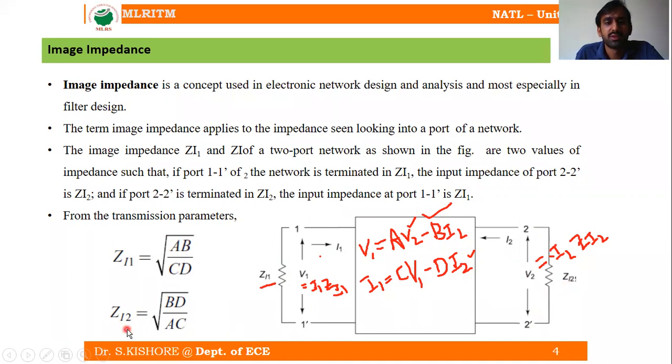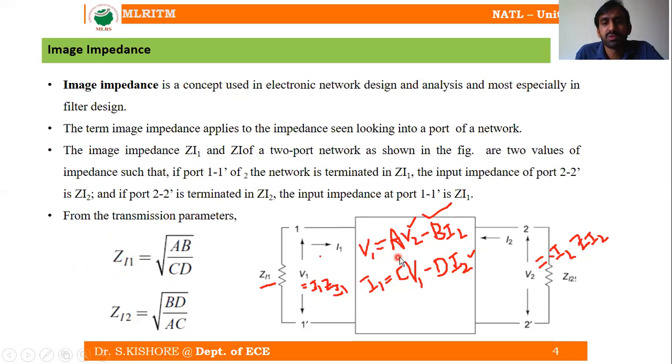The other one is ZI2, which is seen looking from the port 2 dash when the network is terminated at 1 dash with the impedance ZI1.